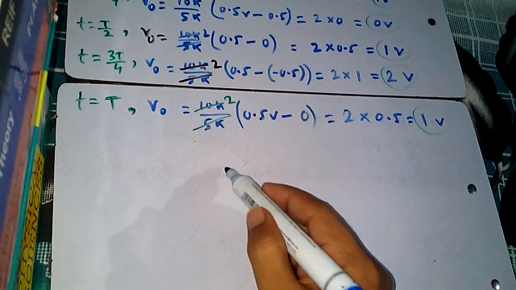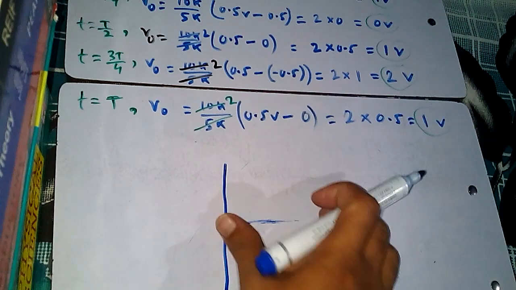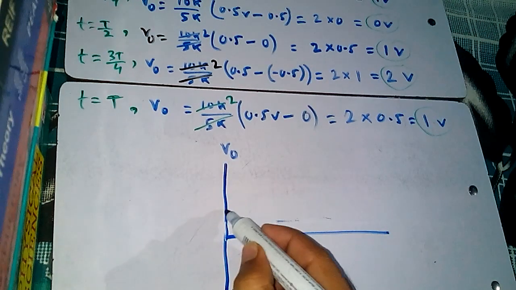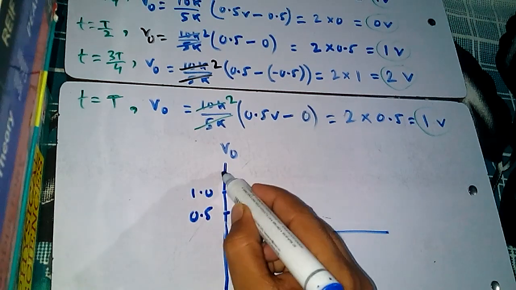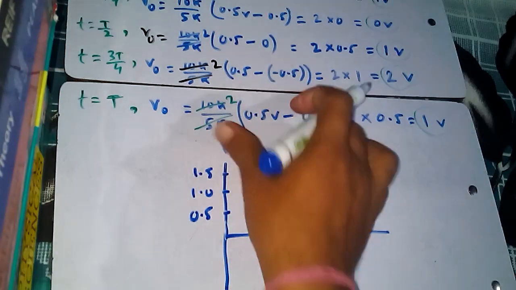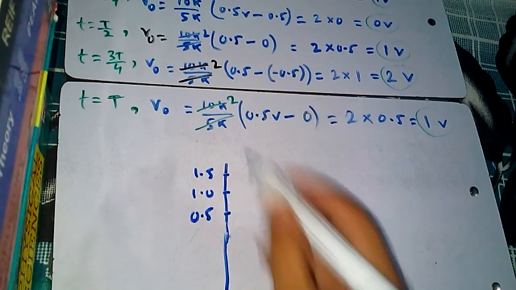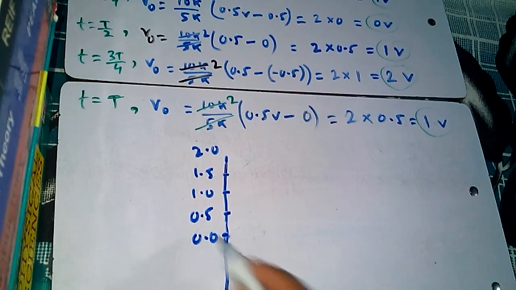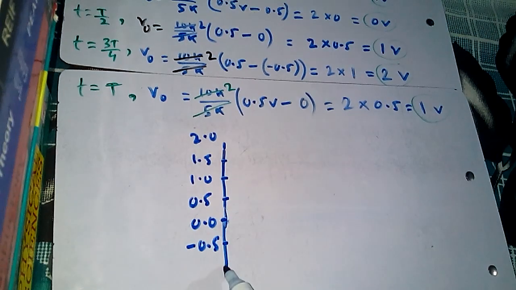So let's take this point as 0.5, 1, 1.5, and this is 2, this is 0, and this is minus 0.5, and this point minus 1.